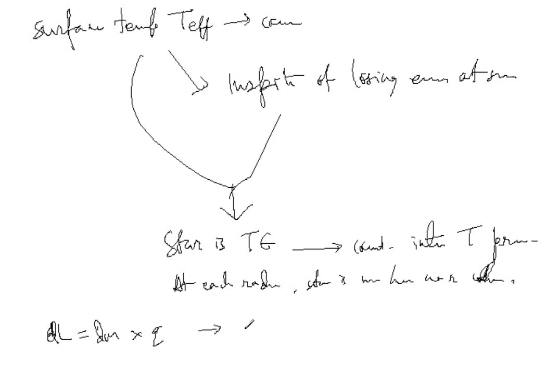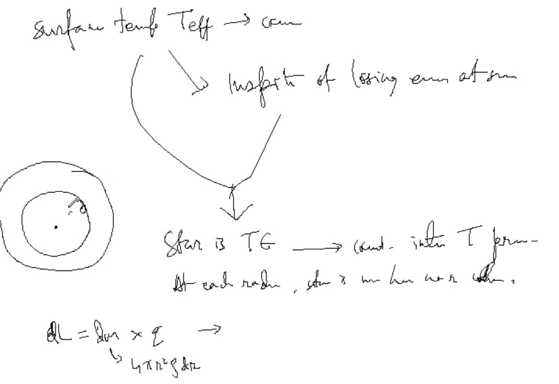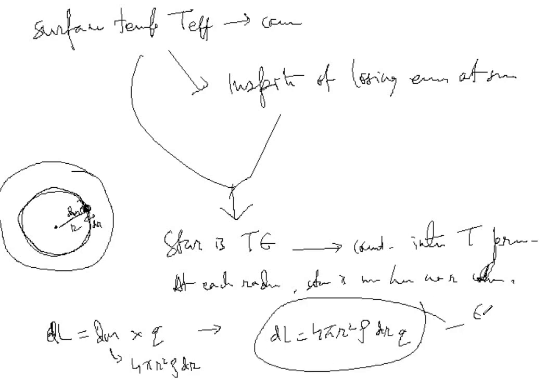And this dm I can write as 4 pi r square rho dr. I am considering a shell around the star, whose mass is dm and whose thickness is dr. So dL is equal to 4 pi r square rho dr times Q, and this is the equation of energy conservation.